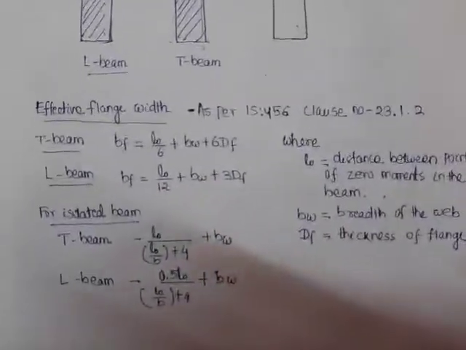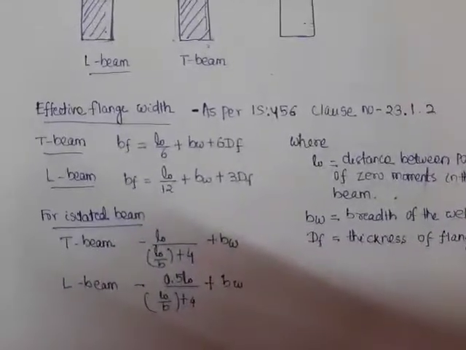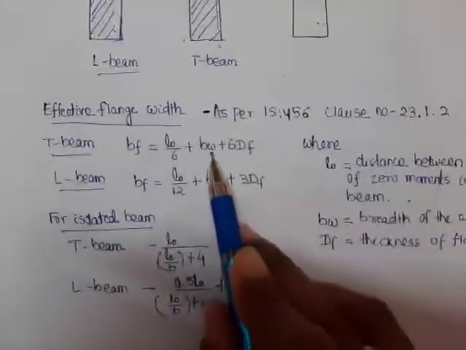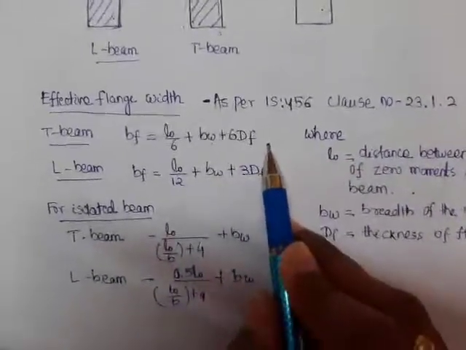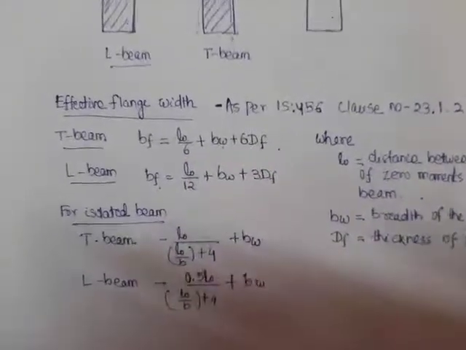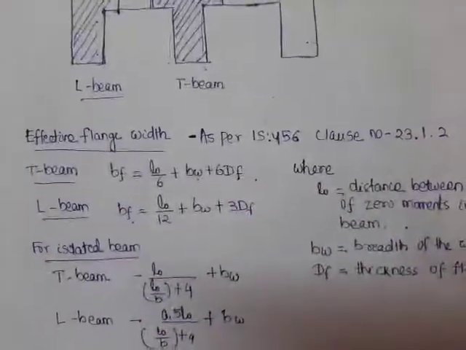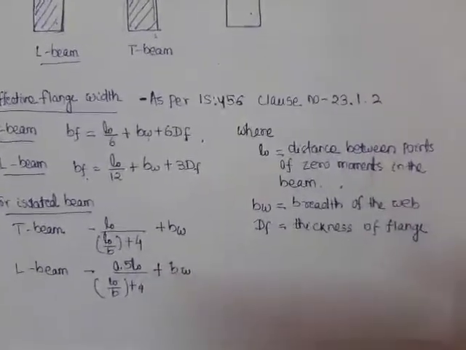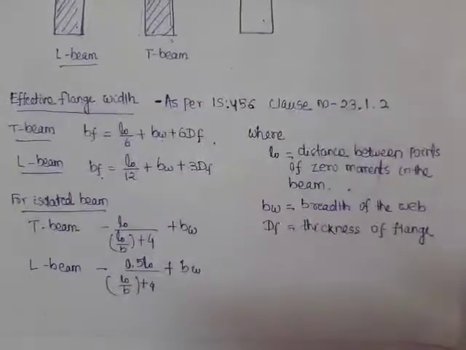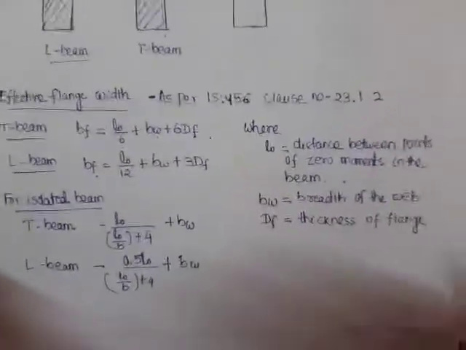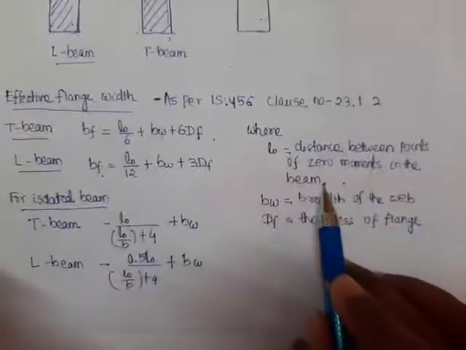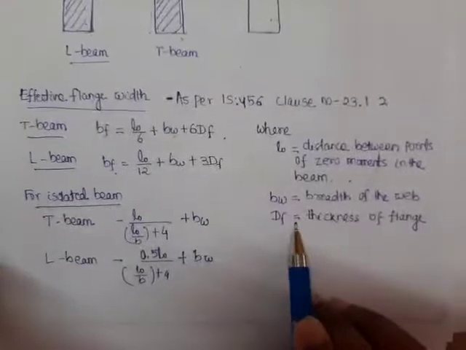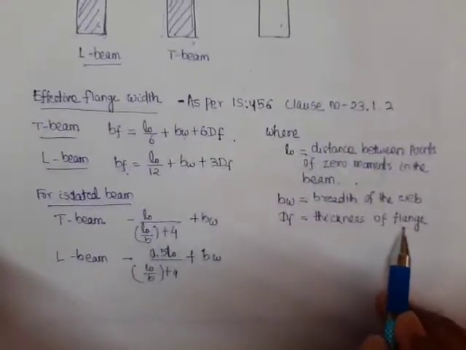As per IS 456 clause number 23.1.2, for T beam the bf will be equal to L0 by 6 plus bw plus 6 df, and for L beam this is equal to L0 by 12 plus bw plus 3 df, where L0 is the distance between points of zero moments in the beam, bw is the breadth of the web, df is the thickness of the flange.